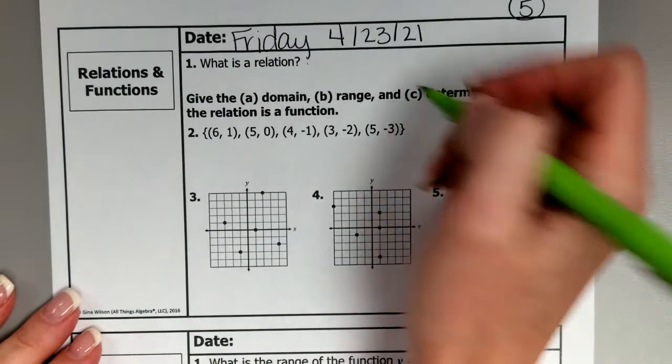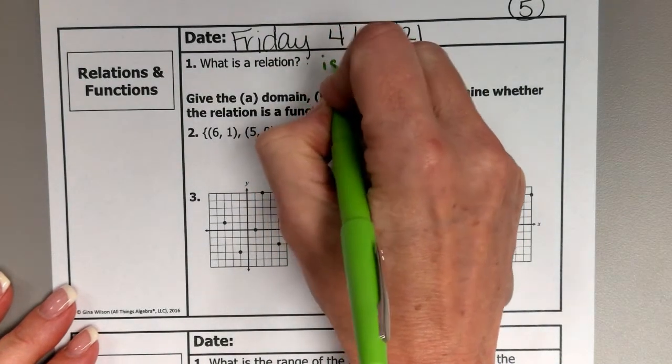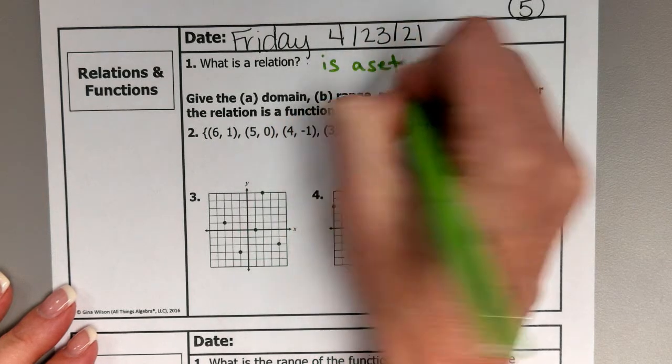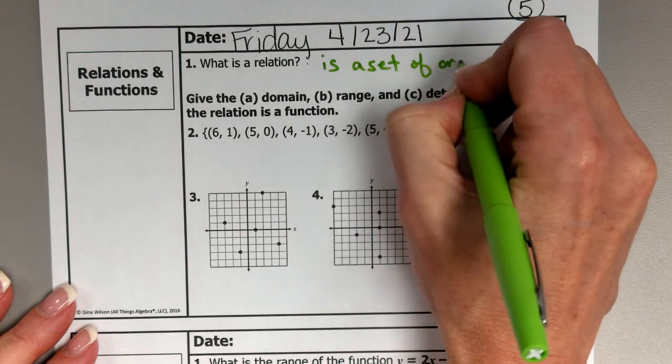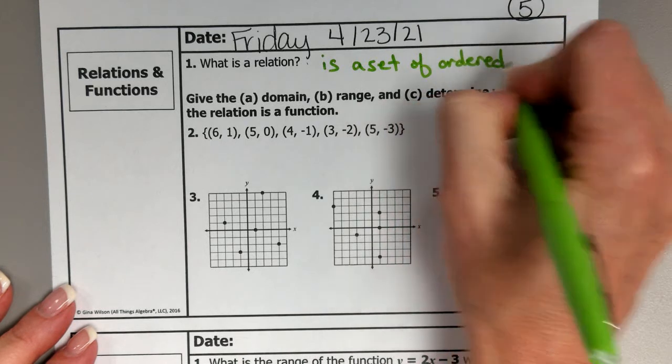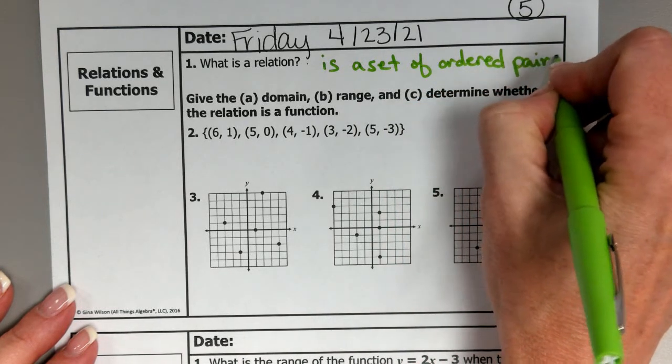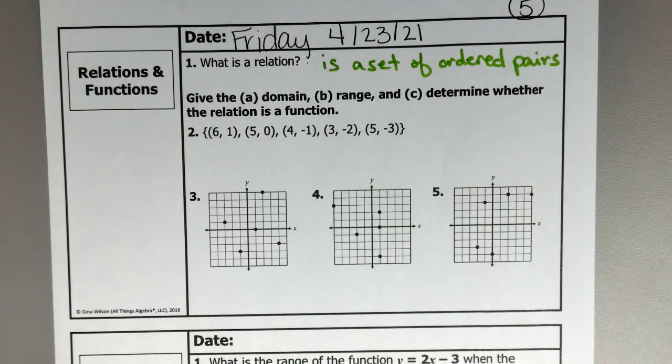All right, so what is a relation? A relation is a set of ordered pairs. Just a set of ordered pairs. So I compared it to the students in my classroom. Each class period is a relation. It's just a group. Okay.